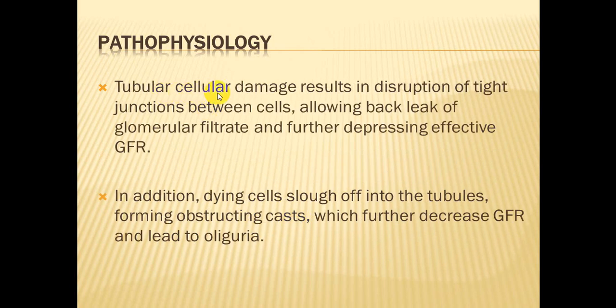The tubular cell damage results in disruption of the tight junctions between cells, allowing back leak of the glomerular filtrate and further decrease of effective GFR. Dying cells slough off into the tubule, forming an obstructive cast, and there will be a decrease in the GFR. So cellular damage leads to tight junction disruption as well as sloughing. All these decrease the GFR.